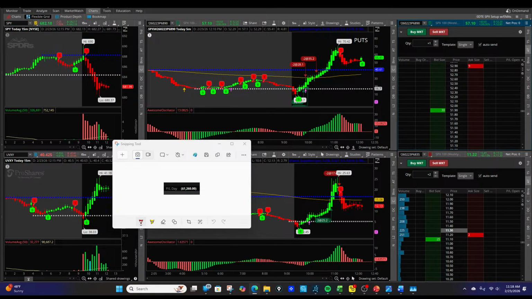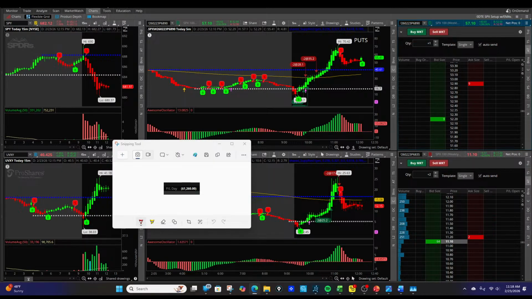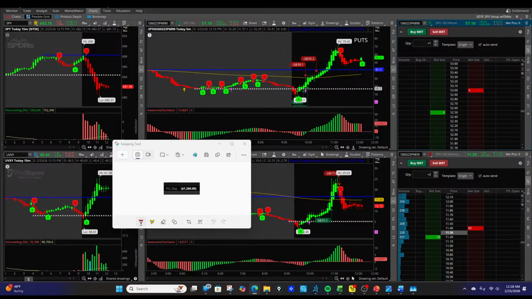It looks like in the SPY, it looks like it's trying to go through the 20.